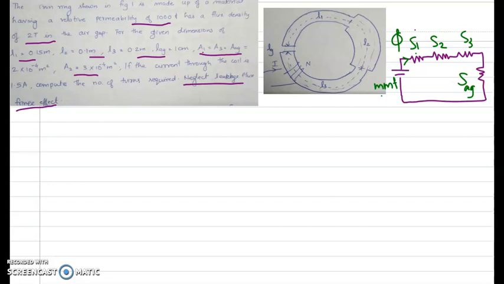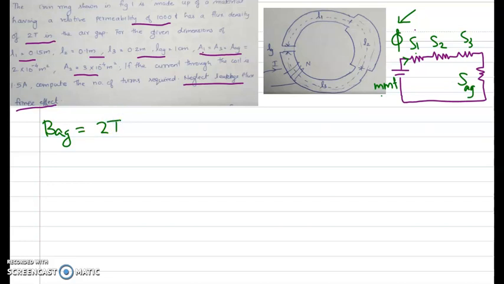Since the leakage flux and fringing effect are neglected, phi will be the same throughout the iron path and also through the air gap. Therefore, that is marked as phi over here. Now, it is given that the flux density in the air gap, Bg, is 2 Tesla.